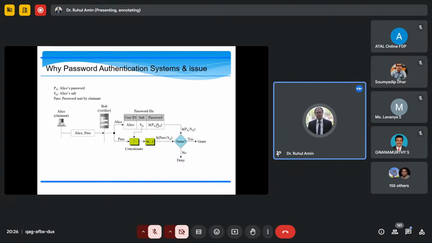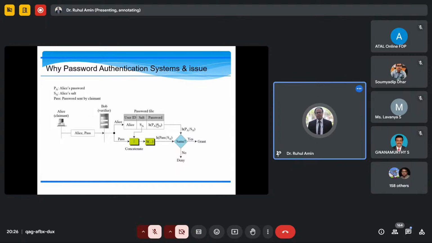In the first case, we were simply storing the plain text, so it can be easily found. In the second case, we only use hash of PA. In case of hash of PA, it provides security, but not a high level of security.